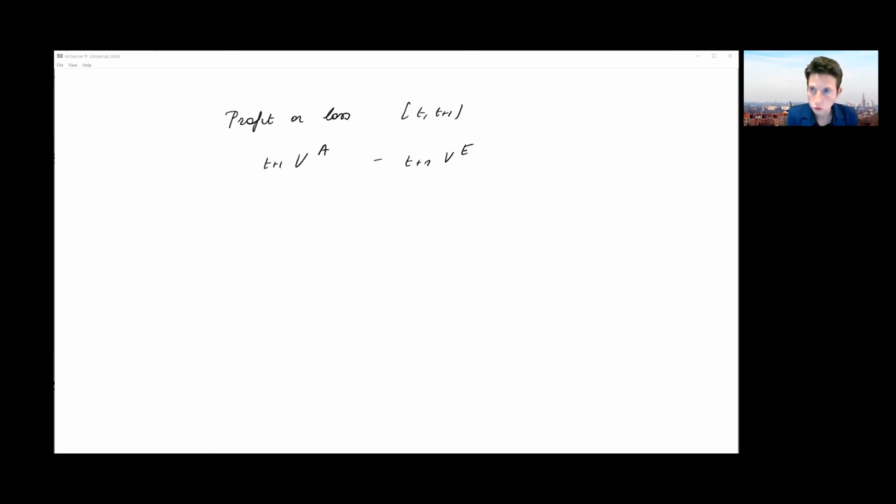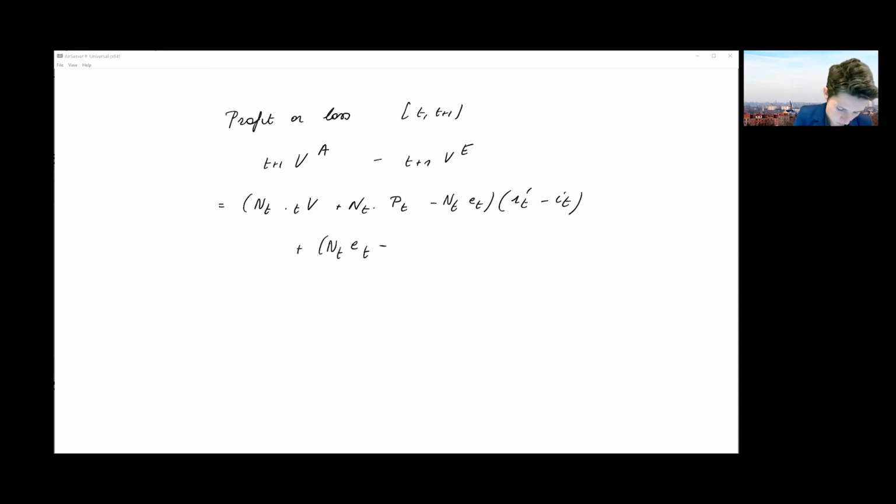So the only thing you need to do is take the formulas from the previous sheet and plug them in over here, and it will turn out that if you massage these expressions a little bit, you can write them as follows. I'm not doing the full derivation, but I want to show you the final step, because there you will clearly see from which sources the profit or the loss is coming.